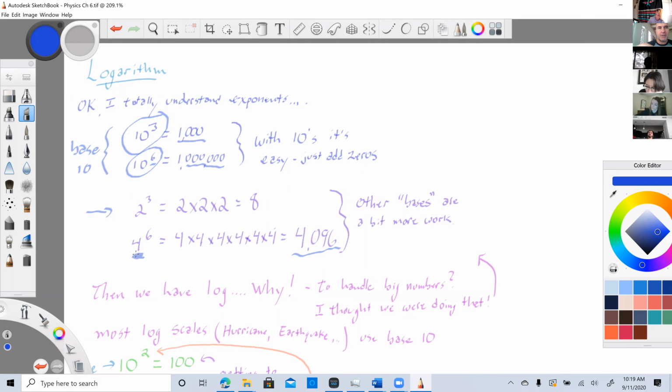So that's not logarithm. This is just exponents. Exponents make sense to me.